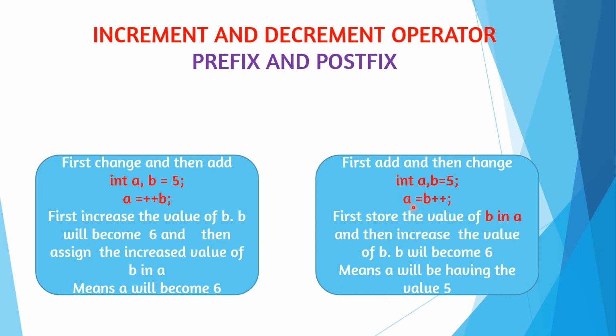And after that, b's value will change to 6. So prefix means first change and then use, and postfix means first use and then change. So here a will be 6 in the prefix and 5 in the postfix.